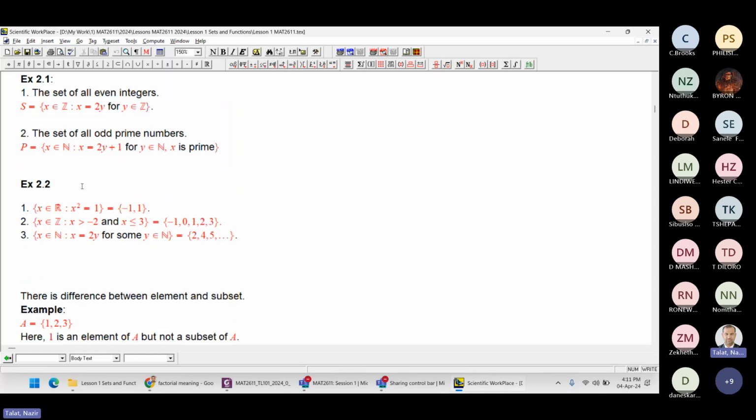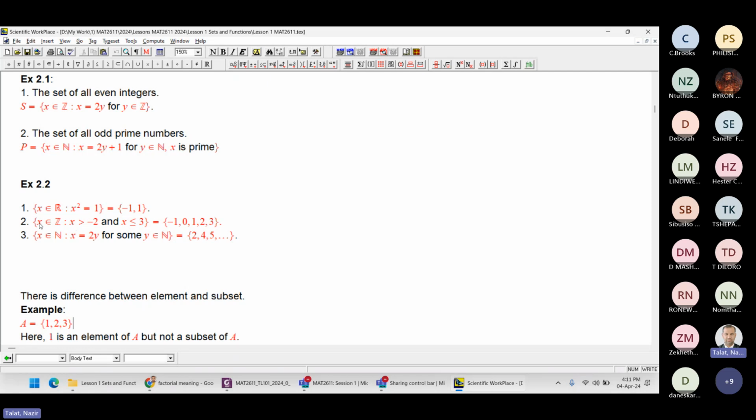There are also some other forms of sets described here. For example, X is a set of real numbers where X squared equals 1. We need to see what kind of elements are contained. X squared equals 1 means if we put in minus 1, its square is 1, and 1 squared is also 1. It means this set is a discrete set having only two elements, minus 1 and 1.